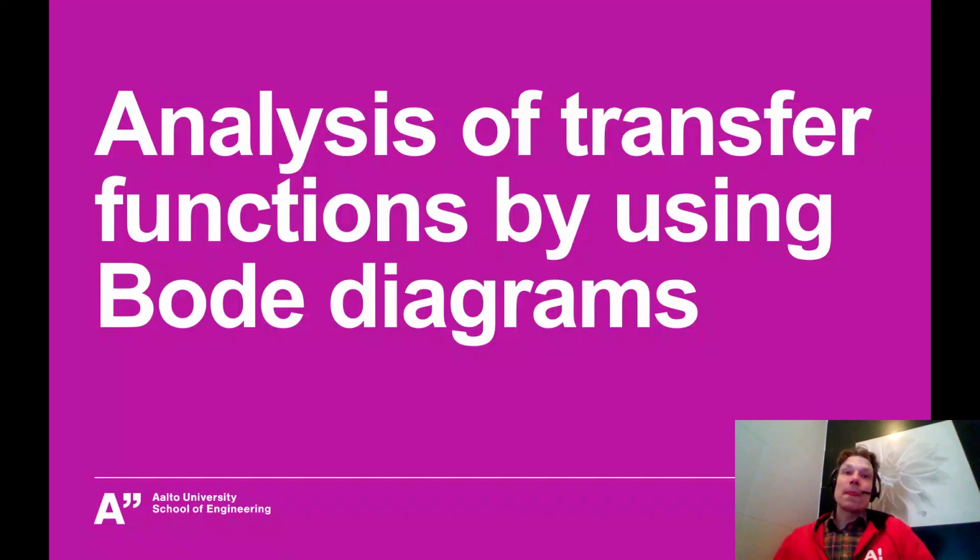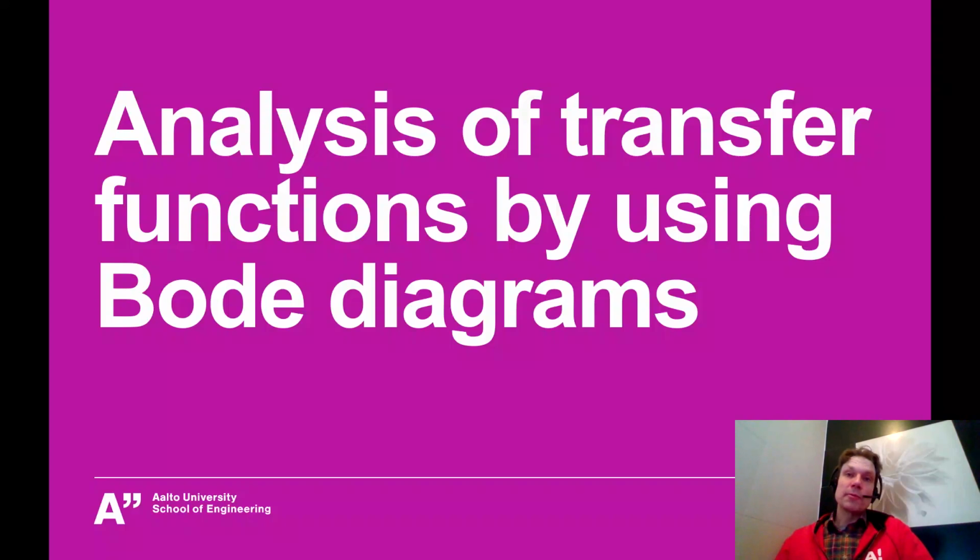So this analysis of transfer functions by Bode diagrams is somewhat outdated or old-fashioned, I must say. Pretty much you do everything in MATLAB or similar tools nowadays, but I try to carry you through Bode diagrams in order to give some insight about high pass and low pass filters and the frequency behavior of transfer functions.